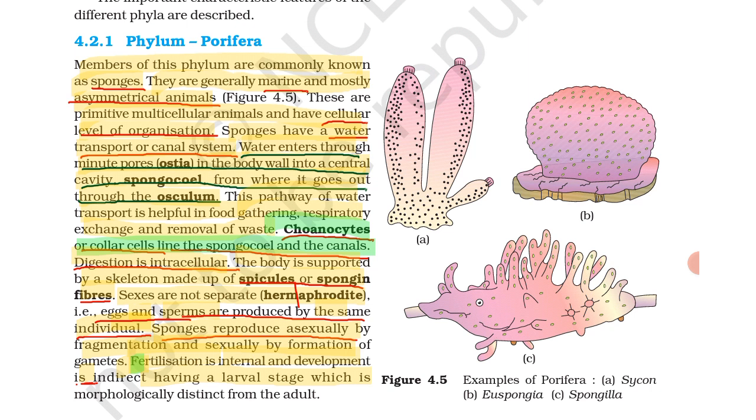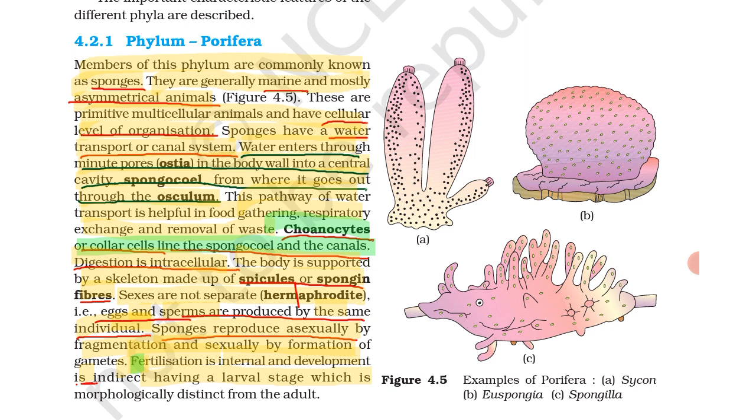Next, choanocytes or collar cells line the spongocoel and the canals. The spongocoel is the body cavity, so inside the body wall, inside the body cavity, there are collar cells.